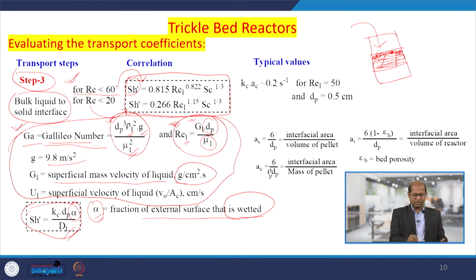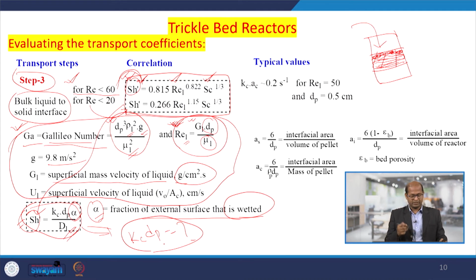Here we have to find the Sherwood number; first you substitute the Reynolds number of the liquid and the Smith number of the liquid. Then we will get the Sherwood number and put it here. Whatever Sherwood number comes, we substitute the numerical value, and the dl value and alpha value, then from here we will get Kc dp value for that system.